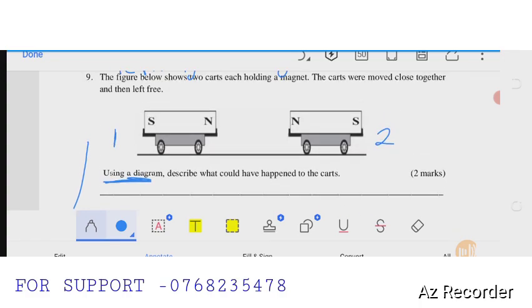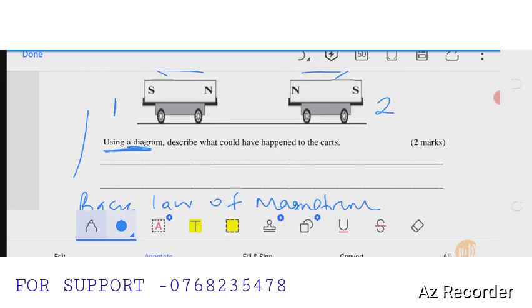So the question says, using the diagram, describe what could have happened. So remember, these are like poles, north and north, they are similar. So automatically they will repel. This one will face that direction, and that one will face in that direction, because the question says using the diagram. So what will happen?